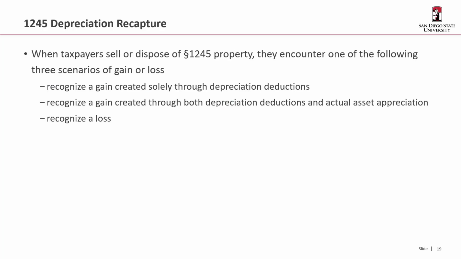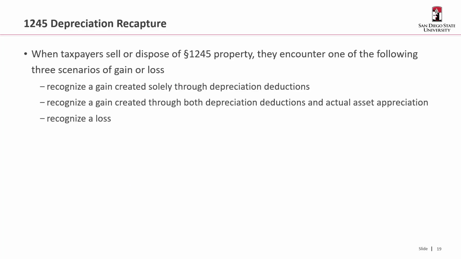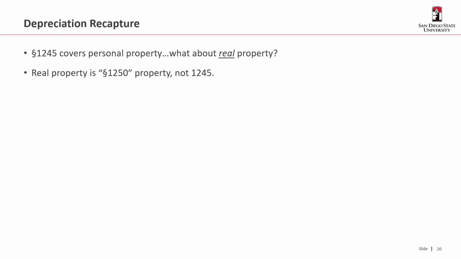They can recognize a gain created through both depreciation and actual asset appreciation. That is scenario 3, right? And you can see that we bifurcate the gain into the ordinary portion and the 1231 portion. Or lastly, they recognize a loss, in which case no recapture applies and it just falls down to a 1231 loss.